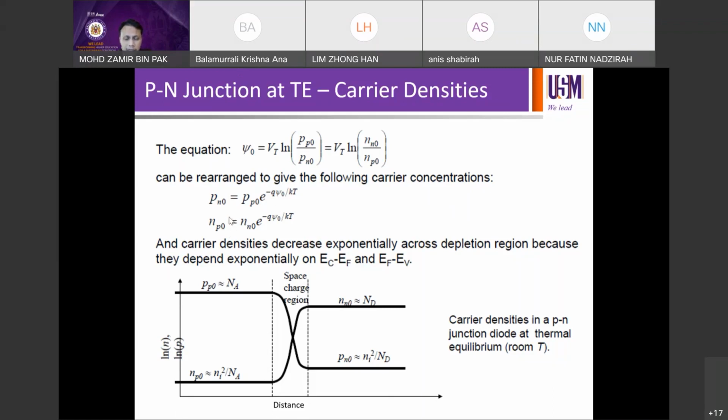And therefore, that's going to bring you to Pn naught. You can just rearrange this. Pn naught is equal to Pp naught times exponential of negative qVBI over kT, and the same is also true for Np naught, right? So Np naught is equal to Nn naught times exponential of negative qVBI over kT.